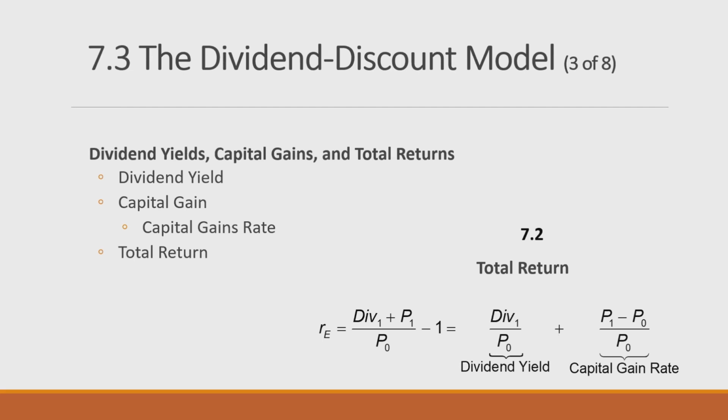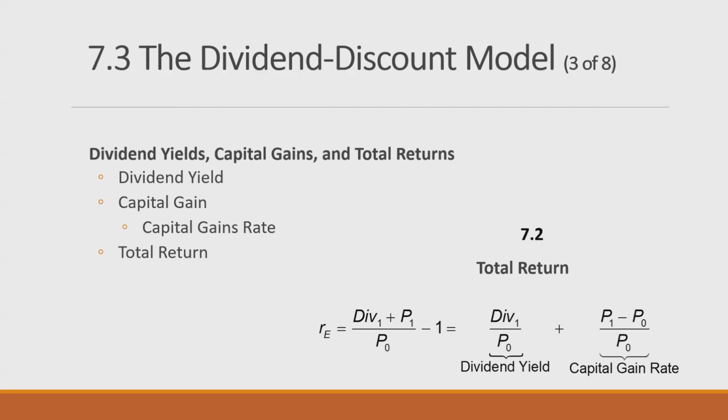Now, this yield denotes the percentage return expected from the dividends paid by the stock. On the other hand, the second term reflects the capital gain, which is determined by the discrepancy between the projected sale price and the initial purchase price.